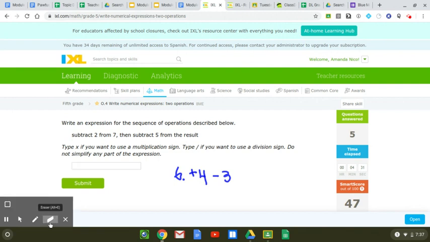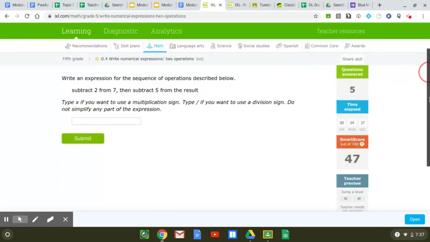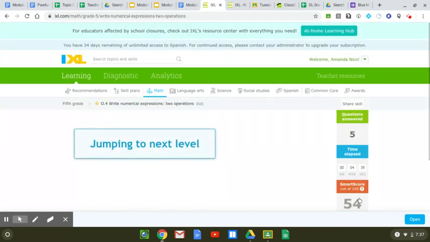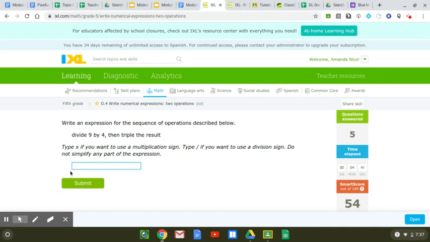Okay, so let's go ahead and jump a level. Okay, so this gets obviously more complicated because we see the word triple here. So it says divide 9 by 4. So that would be 9 divided by 4.